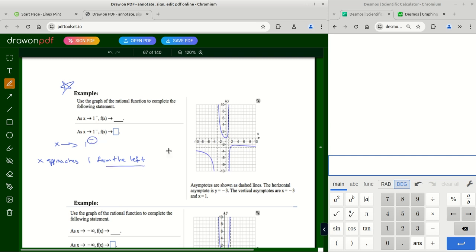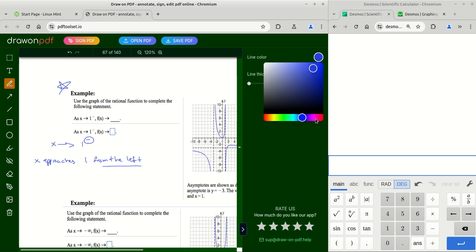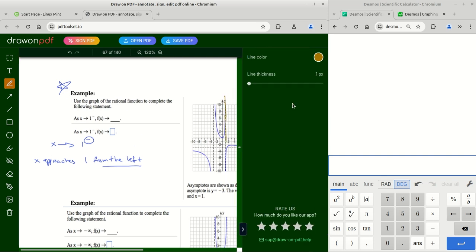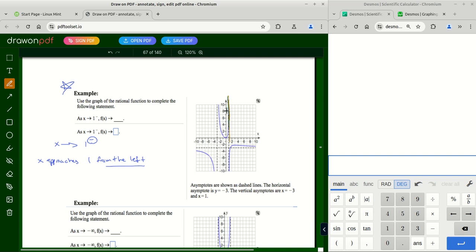Okay, I need to change my color here. Let's go to a darker green. Okay, that's a little bit better.